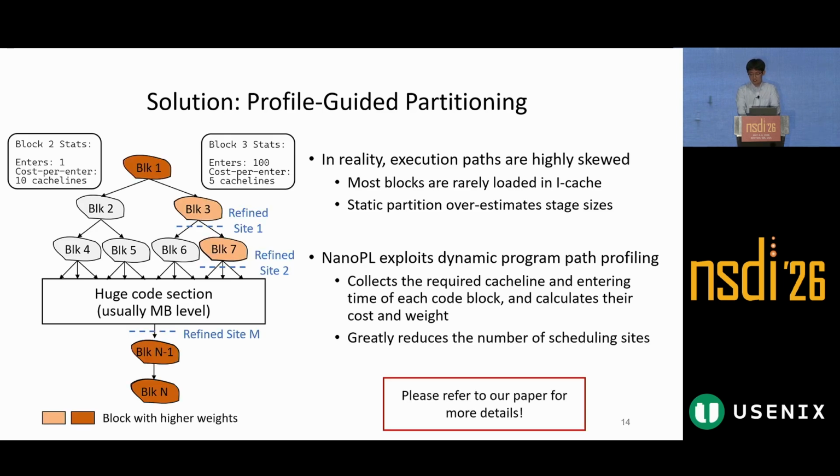These statistics are used to further calculate the cost and weight of each block and identify the most frequent program path. As a result, the number of required scheduling sites is greatly reduced, and a stage can almost always fit into iCache during runtime. Due to time limits, we are unable to address the detailed design, so please read our paper for more details.